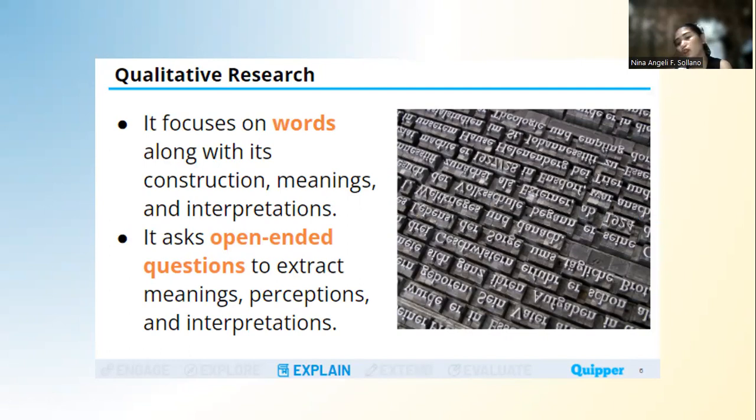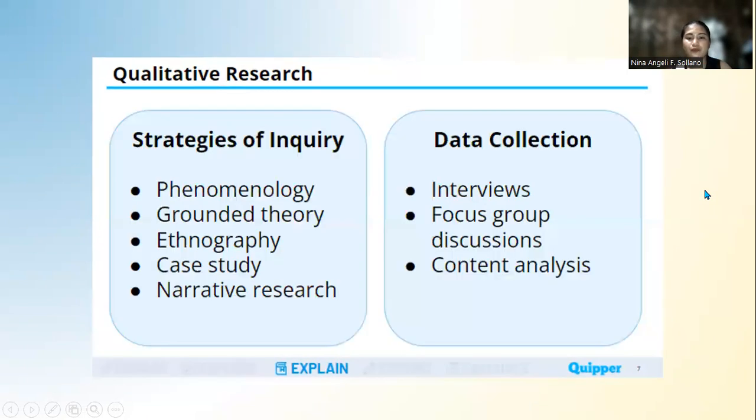When we hear words, it is about how it is constructed, the meanings, and the interpretations. And it asks open-ended questions to extract meanings, perceptions, and interpretations. So you are going to analyze plainly by interpreting the words.